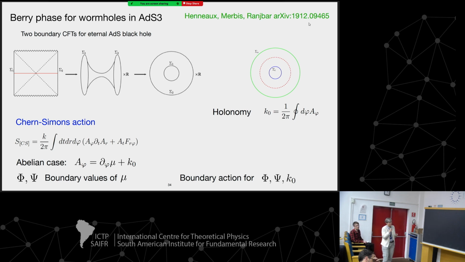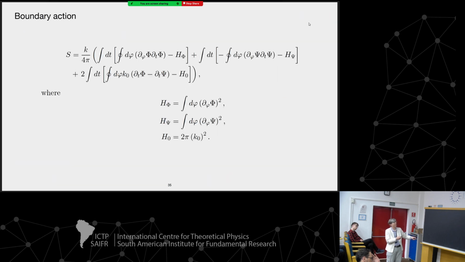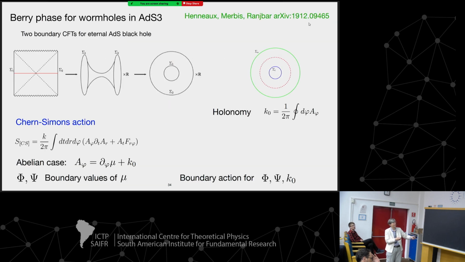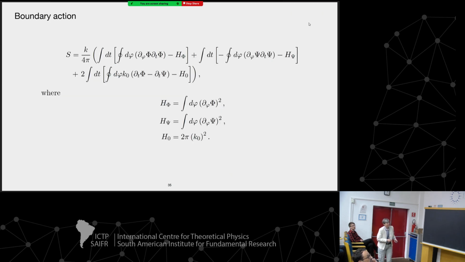The upshot of what I want to make is that if you do this for a very toy model example, you can do this for a Chern-Simons action, then you just have a U(1) symmetry. Actually I should advertise this very beautiful paper where this has already been considered. Essentially you get two actions for the boundary values of the functions that determine your Chern-Simons field.